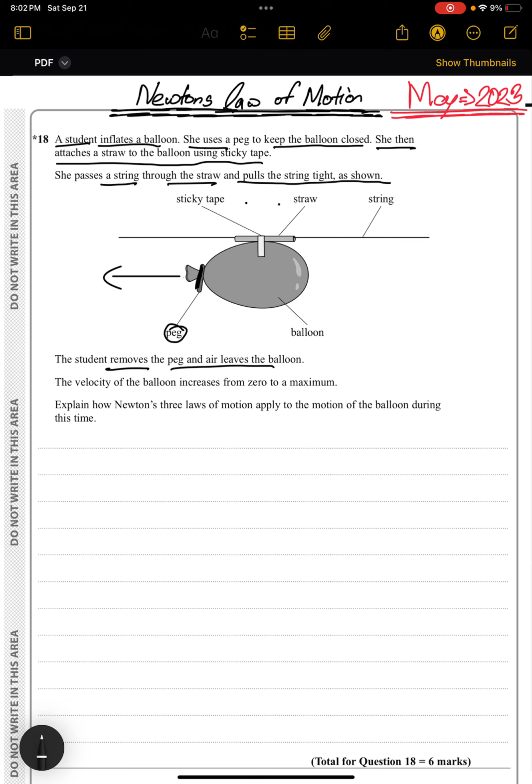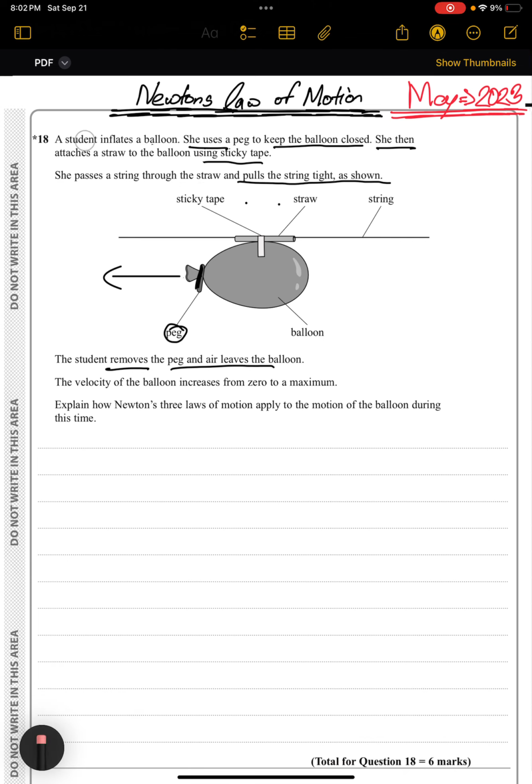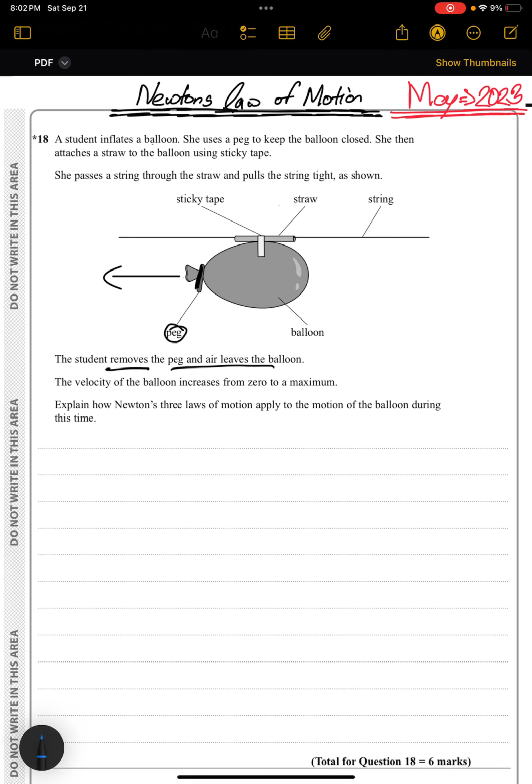So as we all know, according to Newton's third law, there is a force on air from balloon. This is the air that is coming out of the balloon.